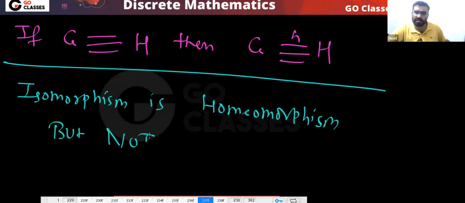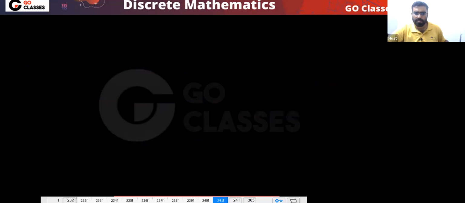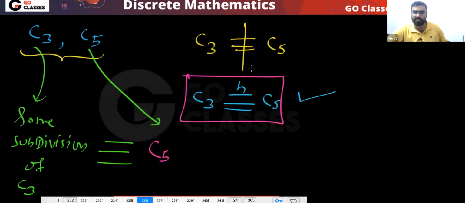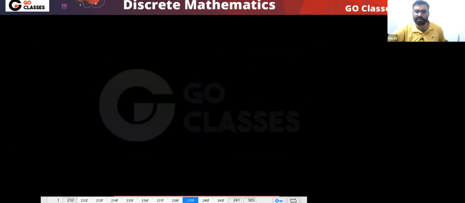The converse is not true. If two graphs are isomorphic, then definitely they are homeomorphic. But C3 and C5 are homeomorphic, but not isomorphic. So this is the definition of isomorphic and homeomorphic.